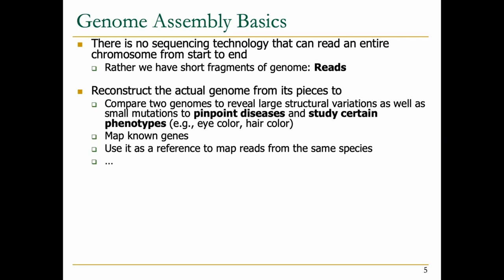So, for example, when you compare a genome with a certain disease with a healthy genome, let's say, you could perhaps identify the parts in the genome that are causing the disease for that certain individual.